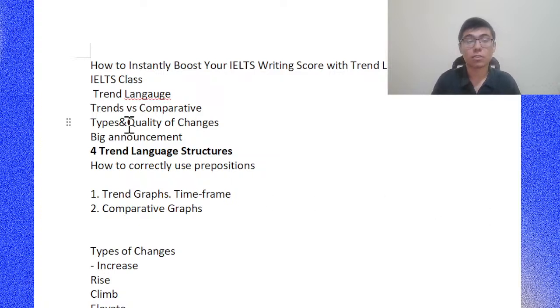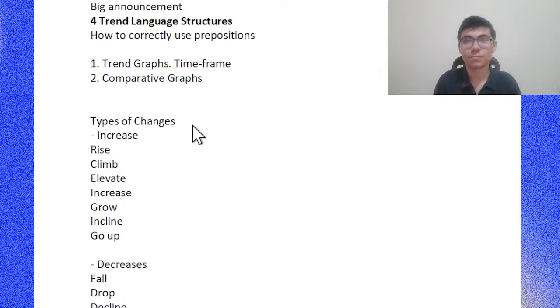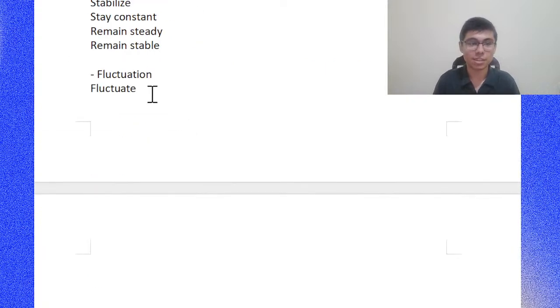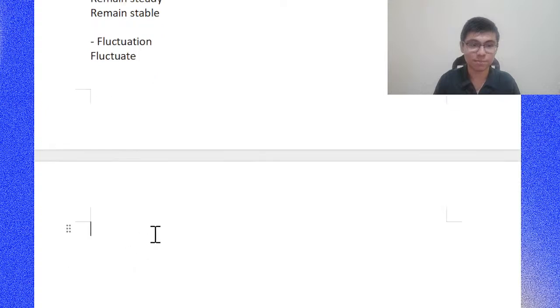That's why quality of changes is also really important. So I'm gonna explain that as well. There are different types of qualities of changes. I think the main ones are 5 of those that are so essential.